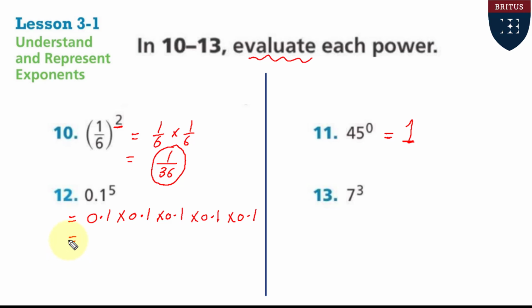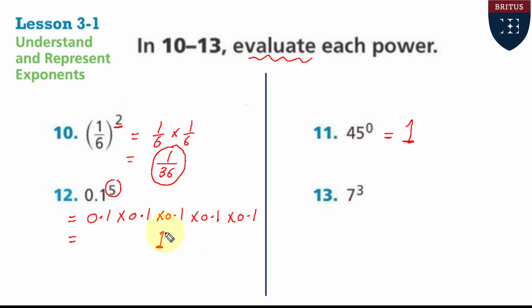Now, how can we multiply decimals? We studied: just ignore the decimal point and multiply. So we get 1. Now you have to insert the decimal point after how many digits from the right? After 5 digits. Why? According to the exponent, or the number of decimal places. We have 5 decimal places.